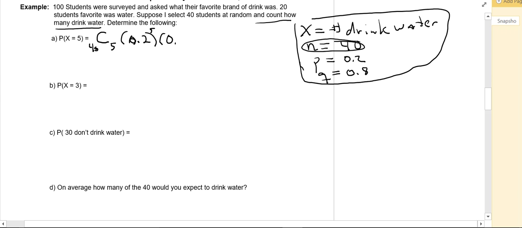Probability of failure, 0.8. Well, how many would not be drinking water? 35.